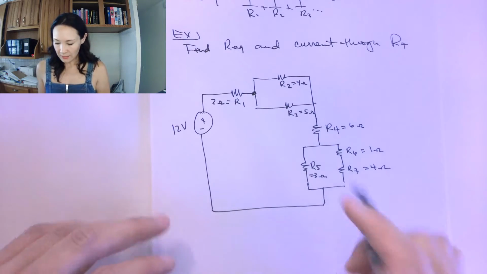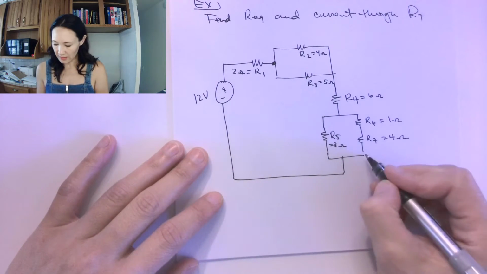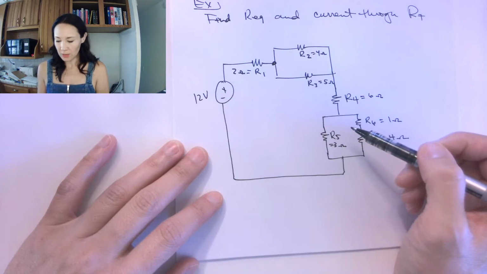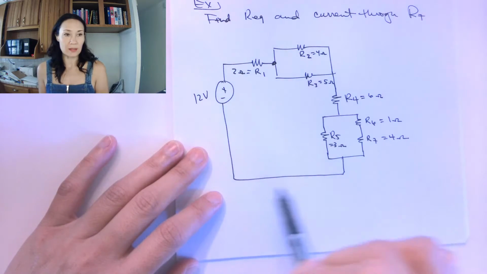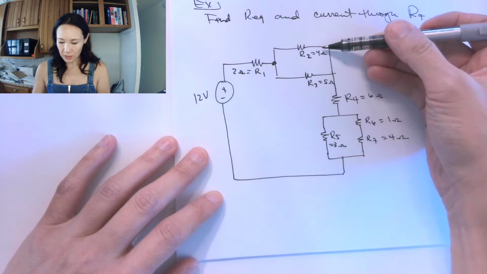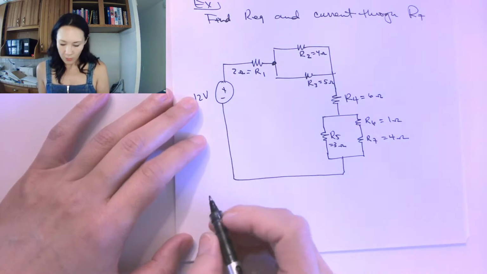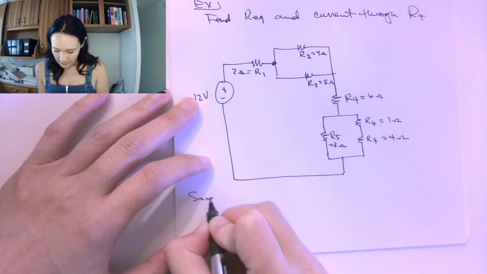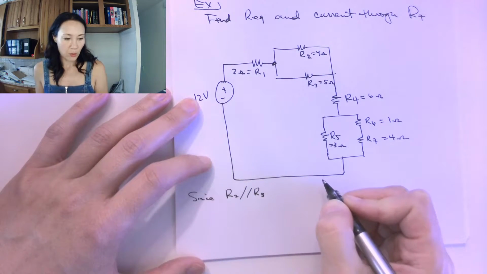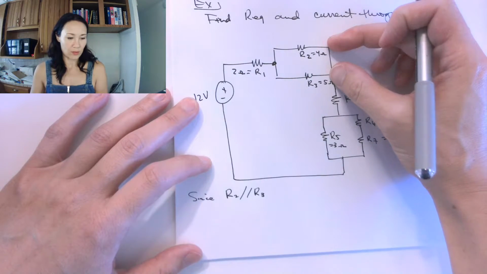Okay, so we're going to go through step by step, and we're going to basically simplify all of our parallel networks so that we can just break this down into one series circuit. I'm going to start with this parallel network of R2 and R3. Since R2 is in parallel with R3, we can replace this network with the equivalent resistance.